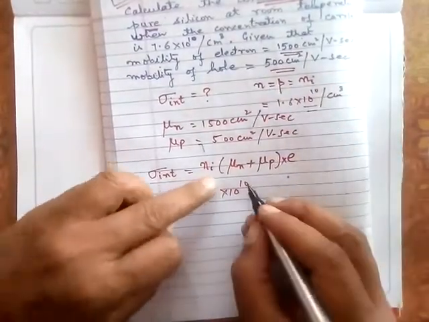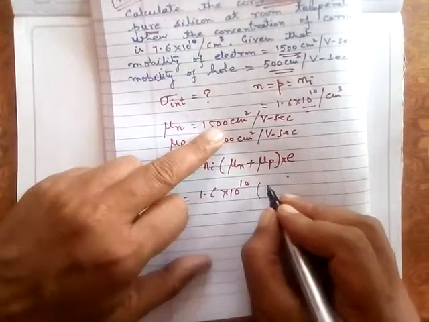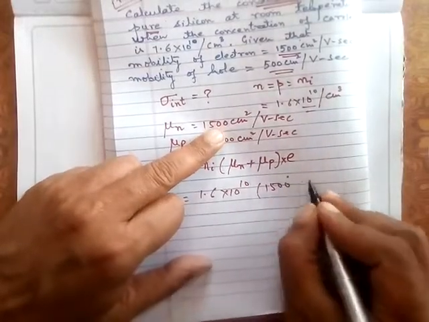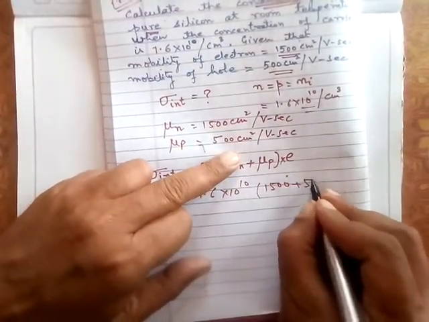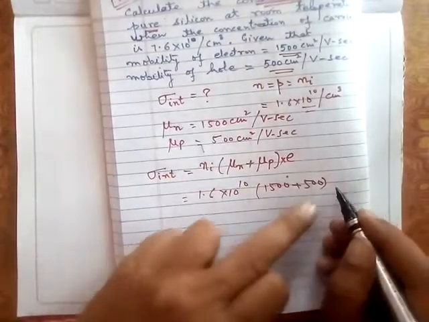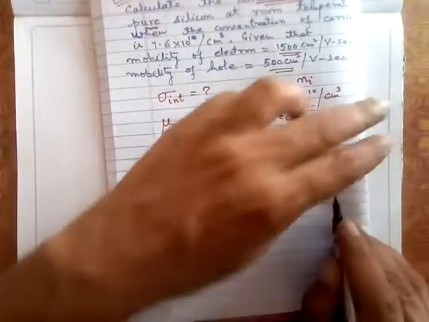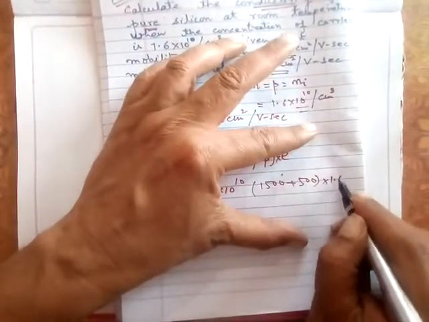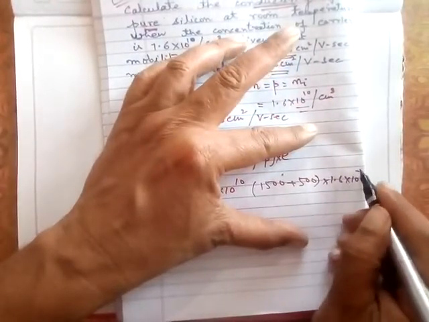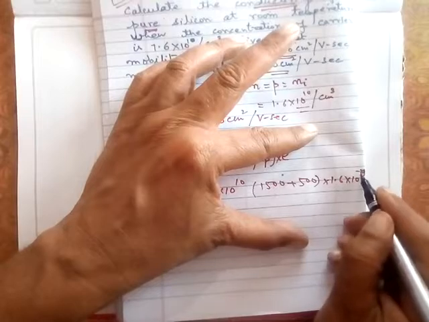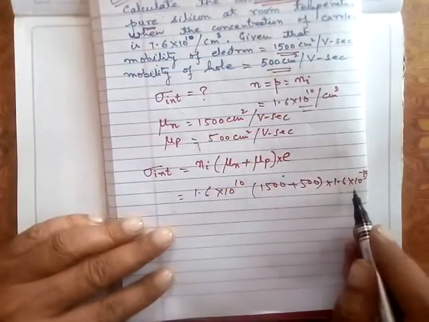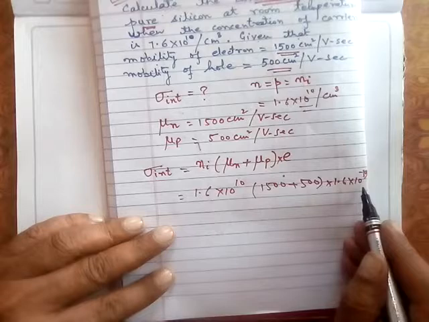Mu n is 1500 plus 500, into the value of E. This value of E is the electronic charge, which I know is equal to 1.6 into 10 to the power minus 19 coulomb.